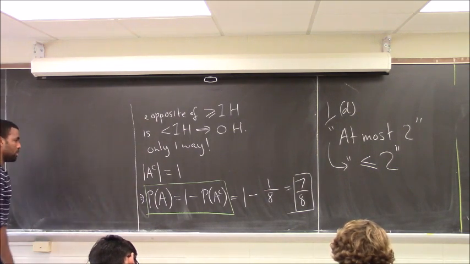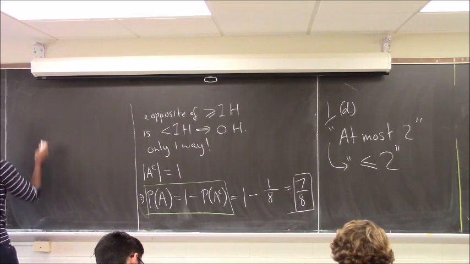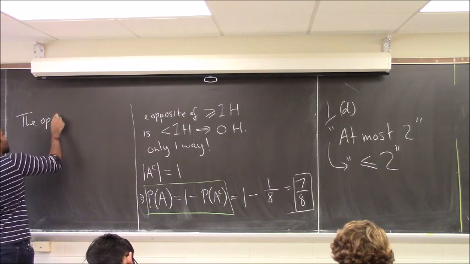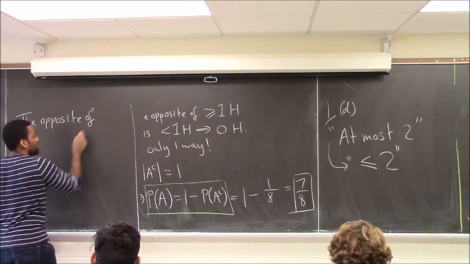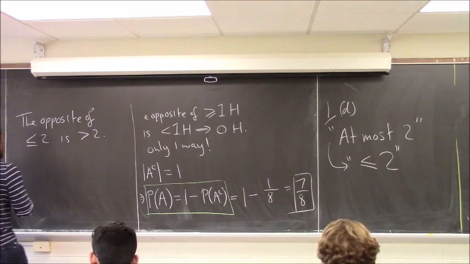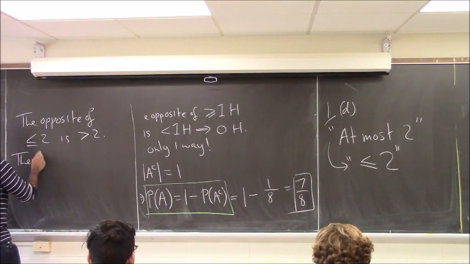Let's use the complement way for no particular reason. So, the opposite of less than or equal to 2 is greater than 2. There's only one way for this to happen.